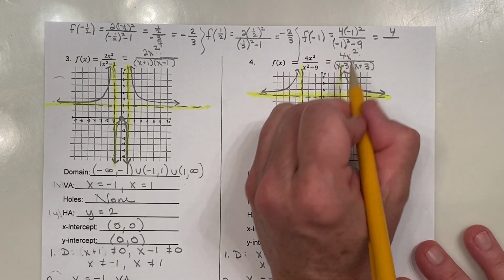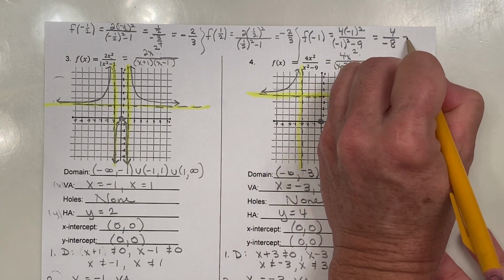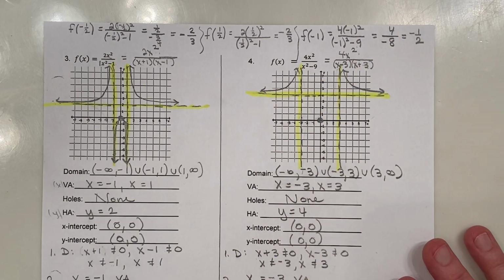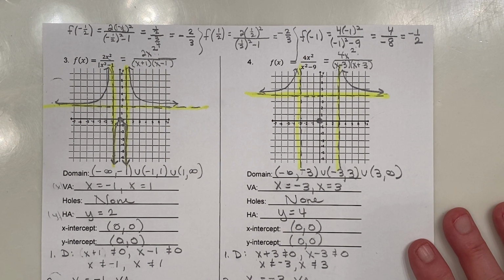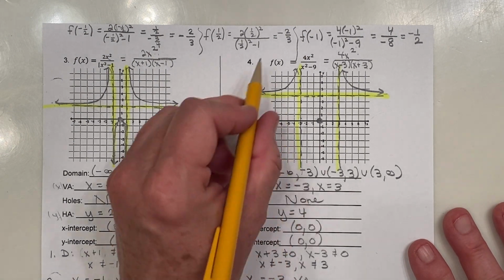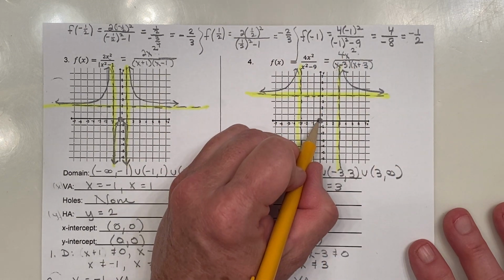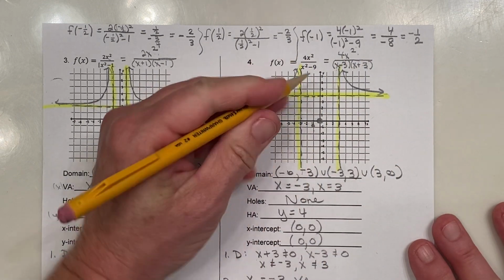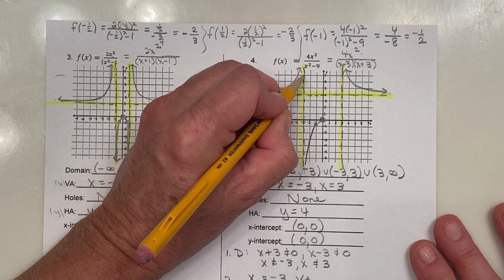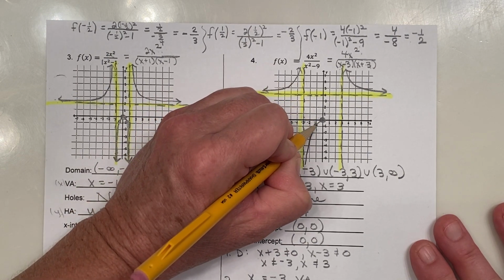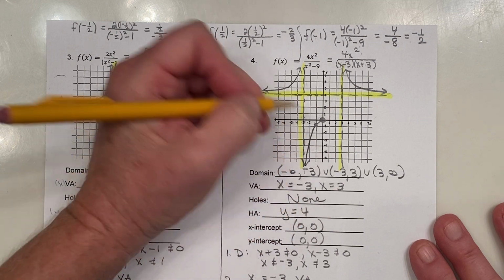This is 1 minus 9 or -8, so that's going to be -1/2. So that means that when I plot -1, -1/2, it's going to be here. So the graph's got to be coming up this way, because if it came down this way, I'd have to come down here and pass through the x-axis.